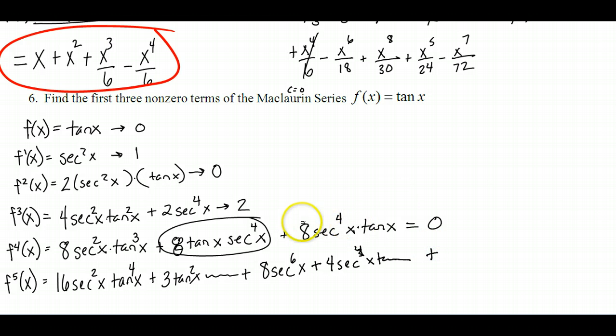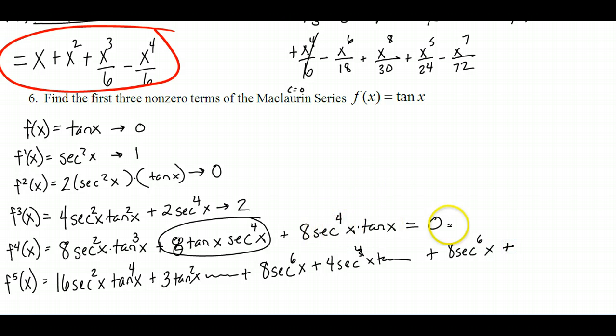Plus, I'm going to use the product rule with this one. So when I start, I'm actually going to take tangent first because that one works really nice. So the derivative of 8 tangent will give us 8 secant squared x times secant to the 4th will give me secant to the 6th, which is good.